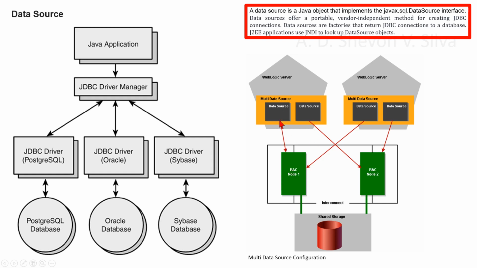This data source is connected to RAC node 1, and these two data sources are connected to RAC node 2 here. Here RAC nodes interact with shared storage. Here RAC nodes are node 1 and node 2, with an interconnect.